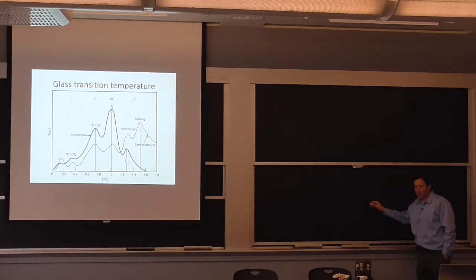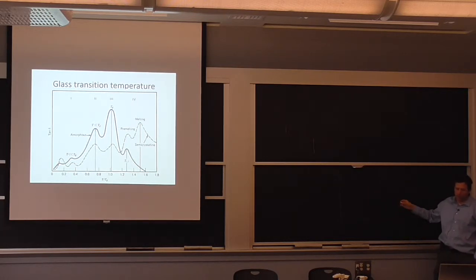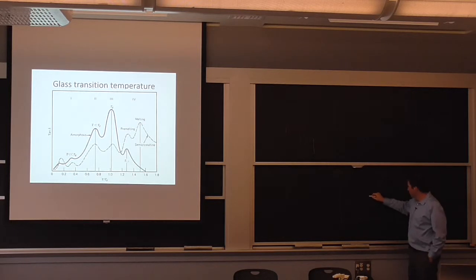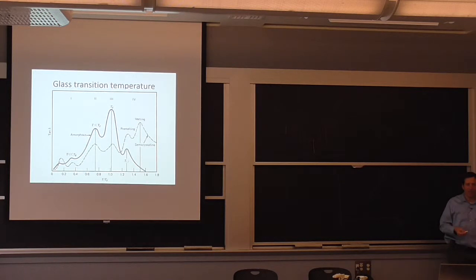Now, this is a very short-term experiment, but what you can do is by varying, these are all thermally activated processes. So the idea that if I'm at a certain temperature, say I'm right here, whether I'm going to be able to deform or not depends on the time that I allow for that deformation.